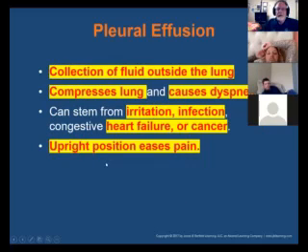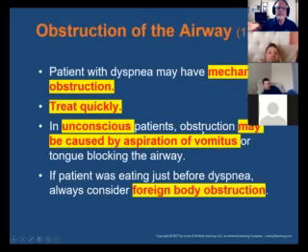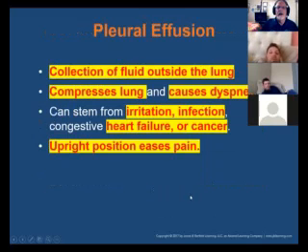Provide high flow O2, if not possibly positive pressure ventilation. This could be a time that we use CPAP. That would be an airway, an oxygenation adjunct, whereby our patient could be seated, but we still have positive pressure ventilation through that CPAP.